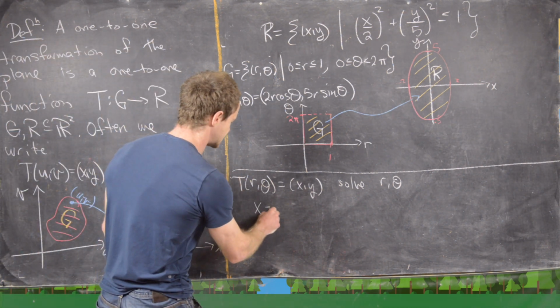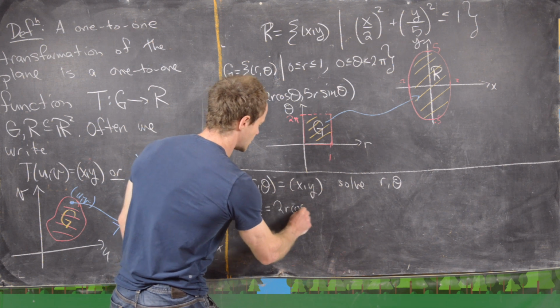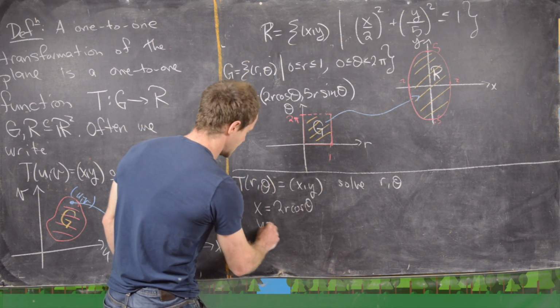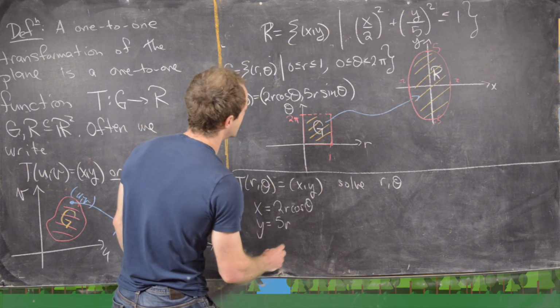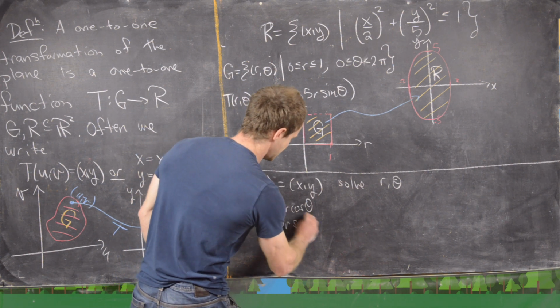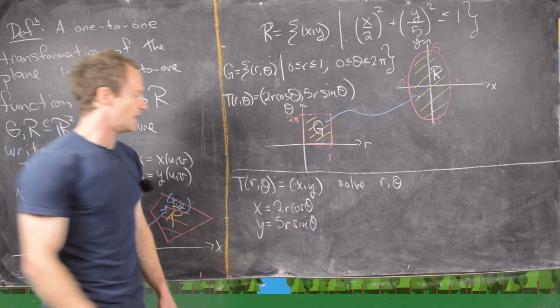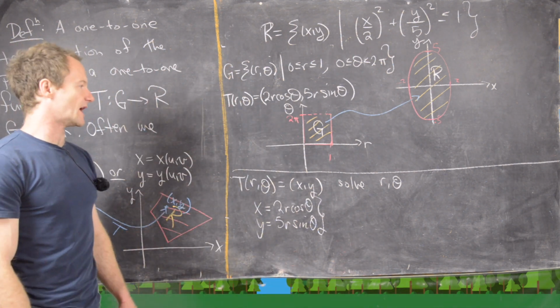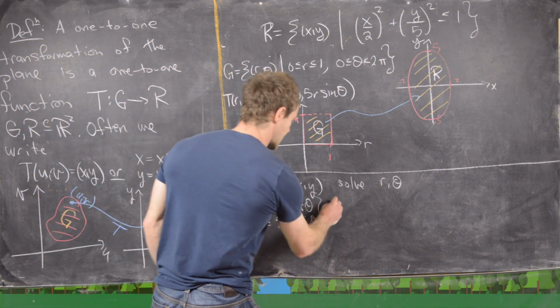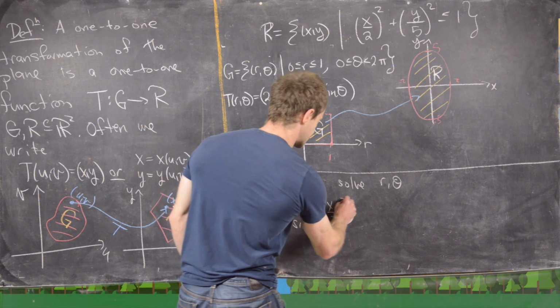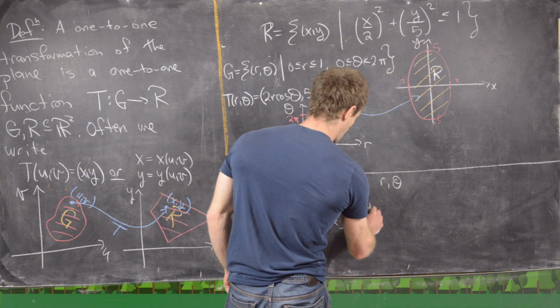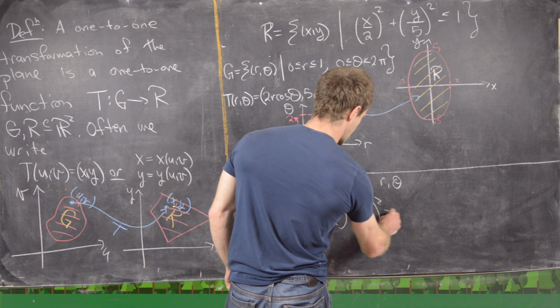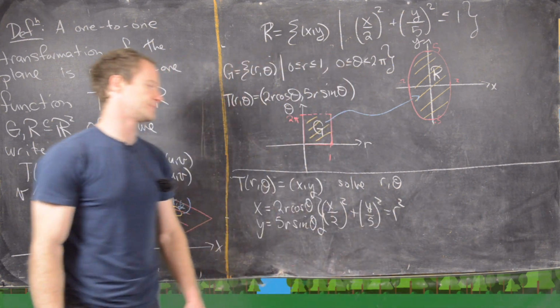That's going to give us x equals 2r cos theta and y equals 5r sine theta. Good. And then being inspired from this last step that we had, we noticed that that means (x over 2) quantity squared plus (y over 5) quantity squared equals r squared.